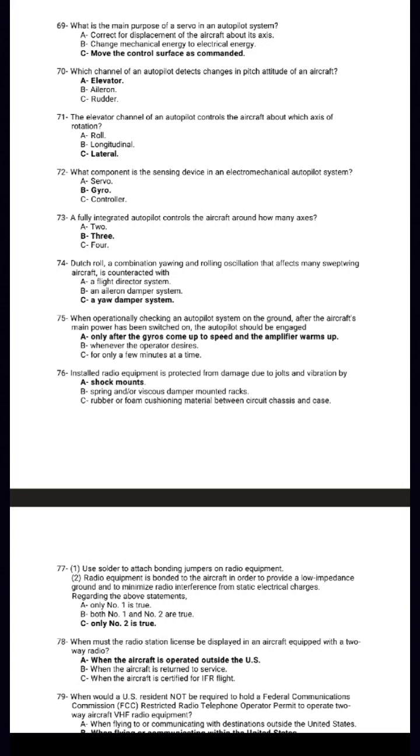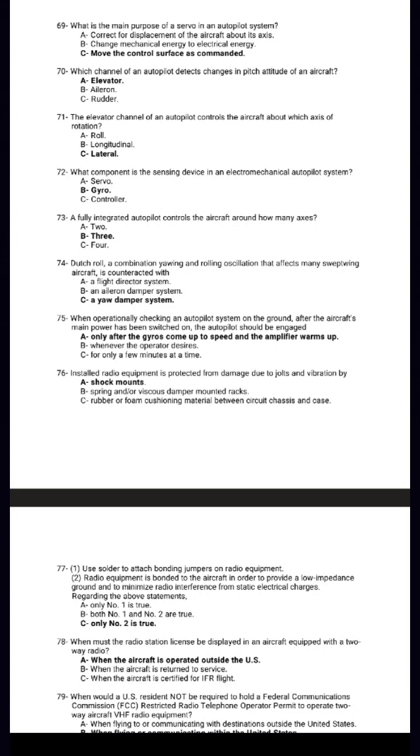Yeah, that sounds right. So only 2 is true on that one. That's what ground is. We don't solder jumpers to them.